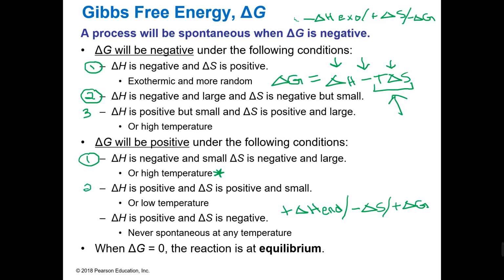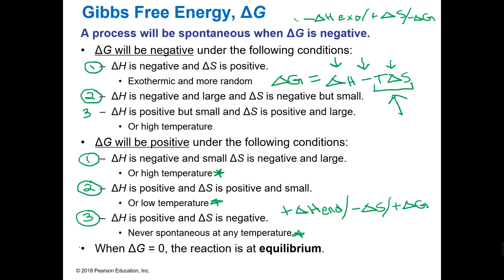When delta H is positive and delta S is positive and small, or very low temperatures. And then when delta H is positive and delta S is negative, and that is never spontaneous at any temperature, no matter what you do.